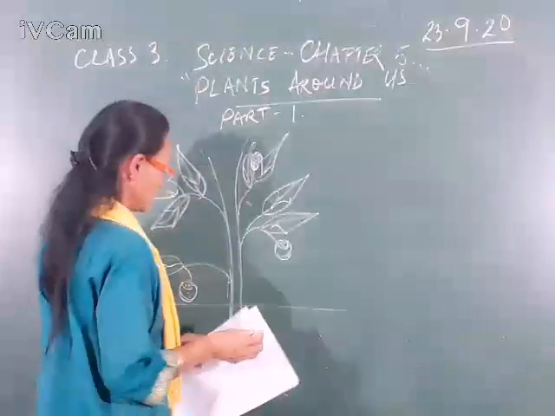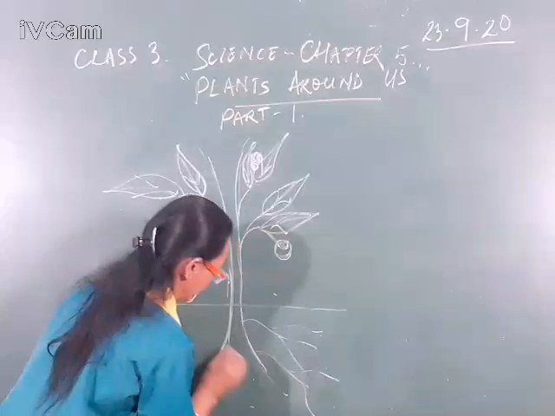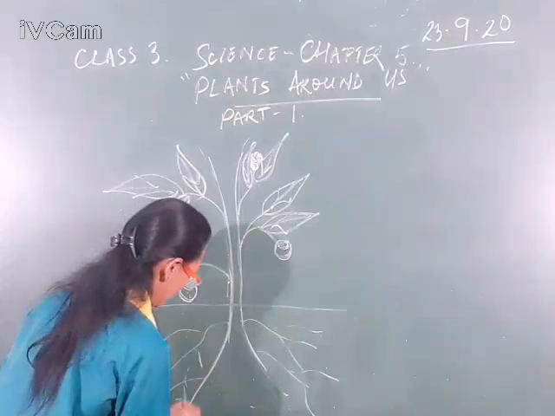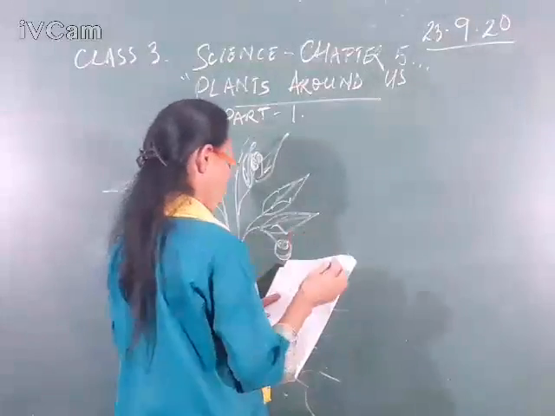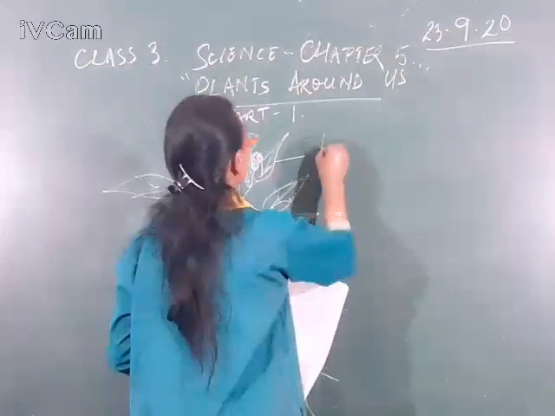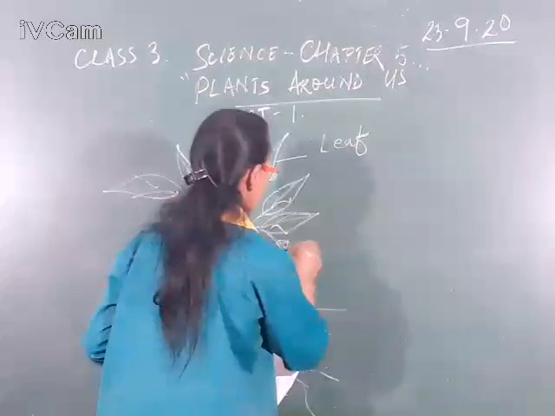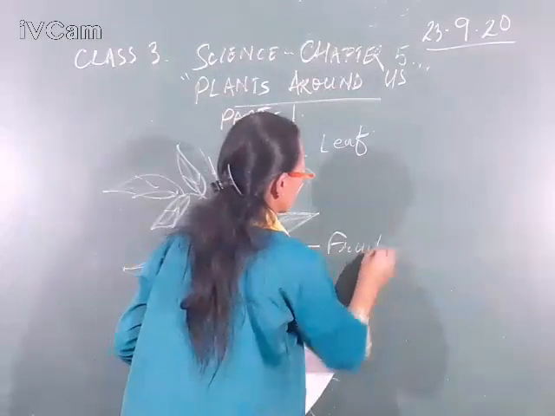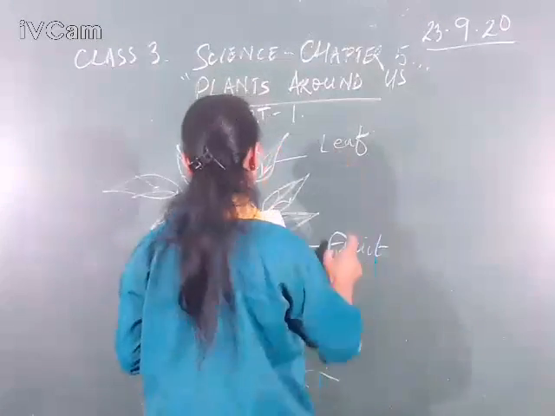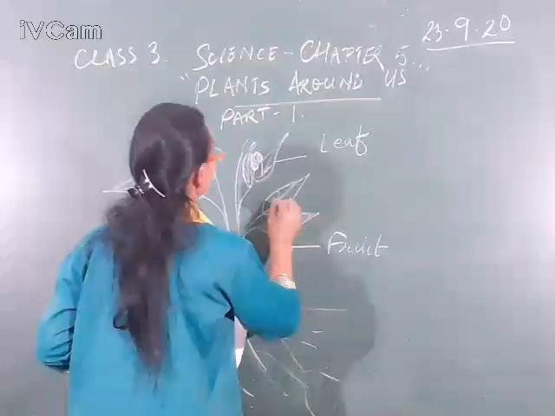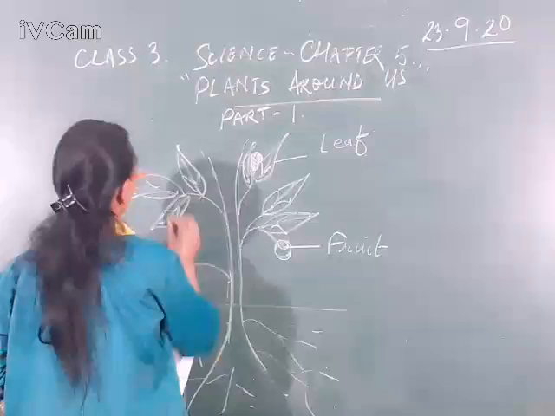Now, see here. This is called a leaf, right? This is a fruit which I had made, okay? This is a leaf, this is a fruit, and say for example, this is a flower.